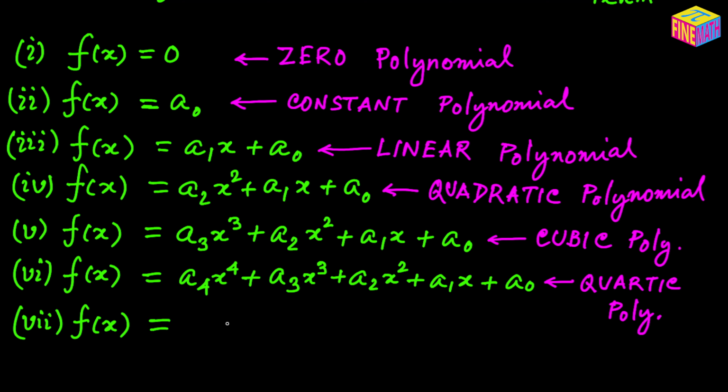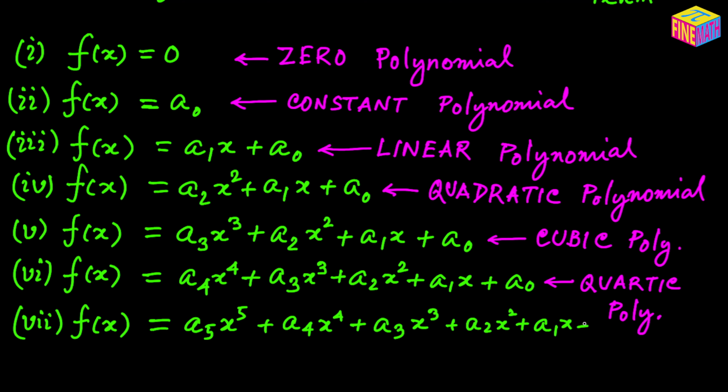That means all of the higher terms become 0 and we are going to be left with a sub 5 x to the power 5 plus a sub 4 x to the power 4 plus a sub 3 x cubed plus a sub 2 x squared plus a sub 1 x plus a sub 0, right? And this type of polynomial is called a quintic polynomial.